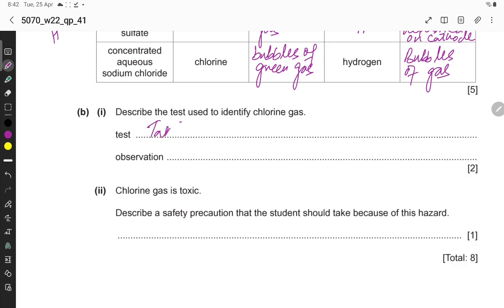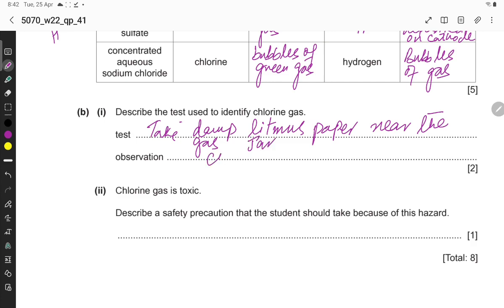Take damp litmus paper near the gas jar. Chlorine bleaches the damp litmus paper.